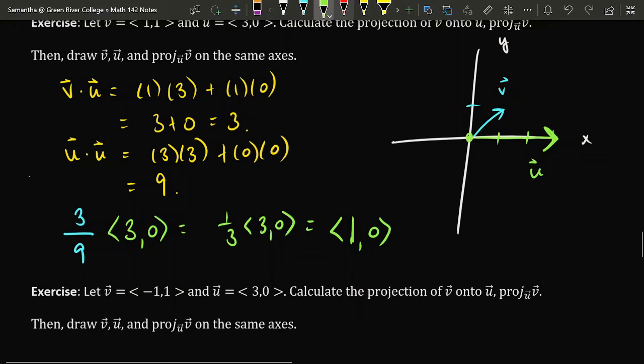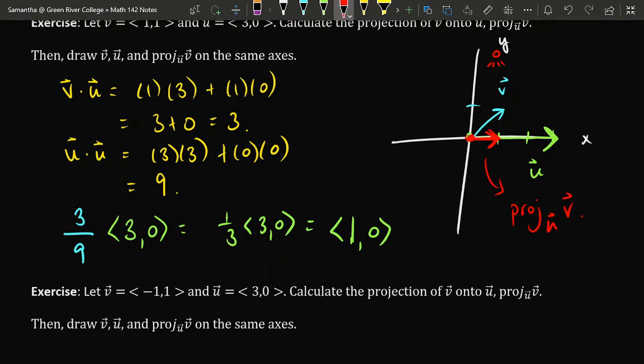So let's see which portion of v lines up with u in this exercise. If we were to graph the projection on these axes, we would get the literal shadow of v cast onto the x-axis, which is the direction in which u lives. This is the projection onto u of v.